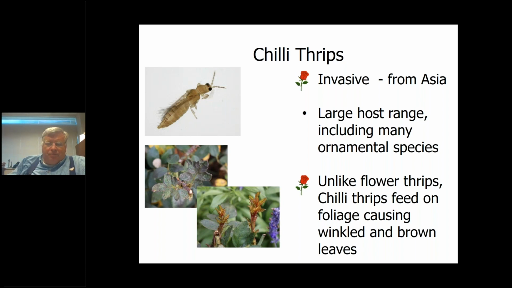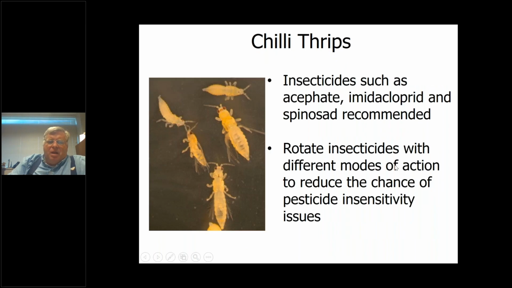Florida, New Orleans, Houston, other areas, this can be a really bad thing. There are a number of insecticides that you can use to help with this. Some of them are more environmentally friendly than others.